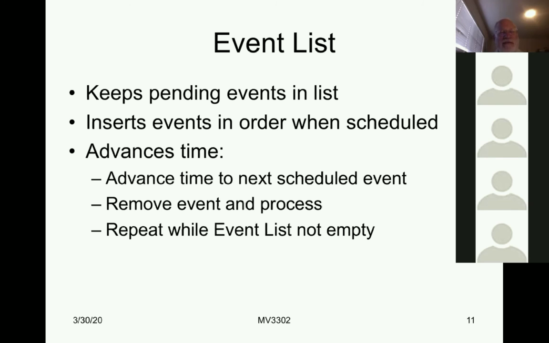The logic for advancing time is not the same as time step. In time step, time advances in constant increments. Here, the idea is that you advance time to the next scheduled event, and that could be a very small time advance, or it could be a very large time advance.